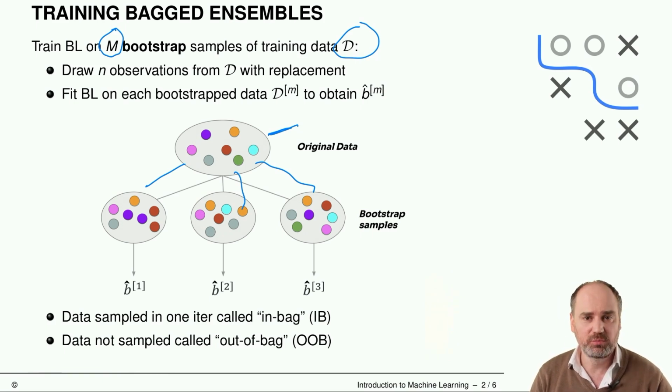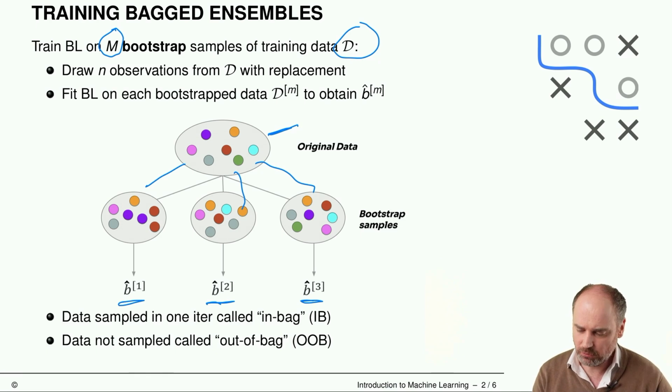And then on each of these bootstrapped data sets, I'll simply fit my base learning algorithm and create a model, okay? And then I'll store these models. That's really it. There's not much more to say about the training algorithm.